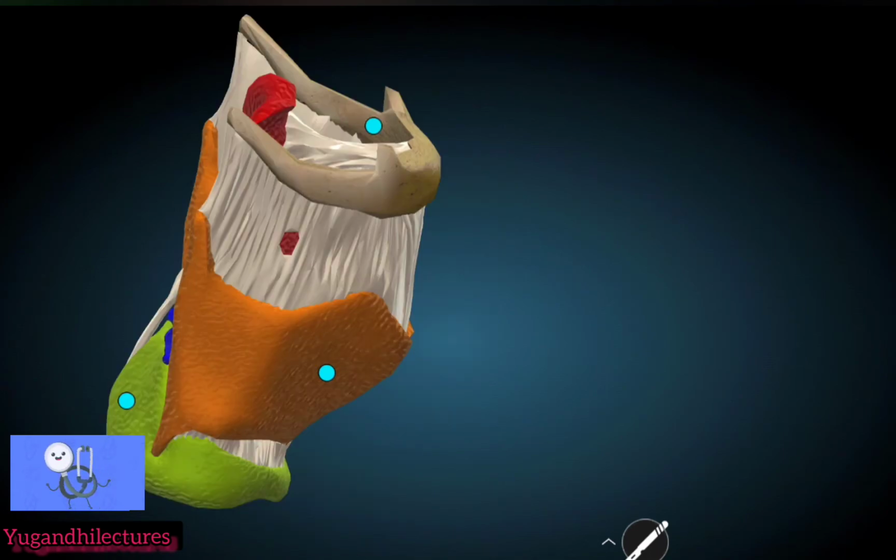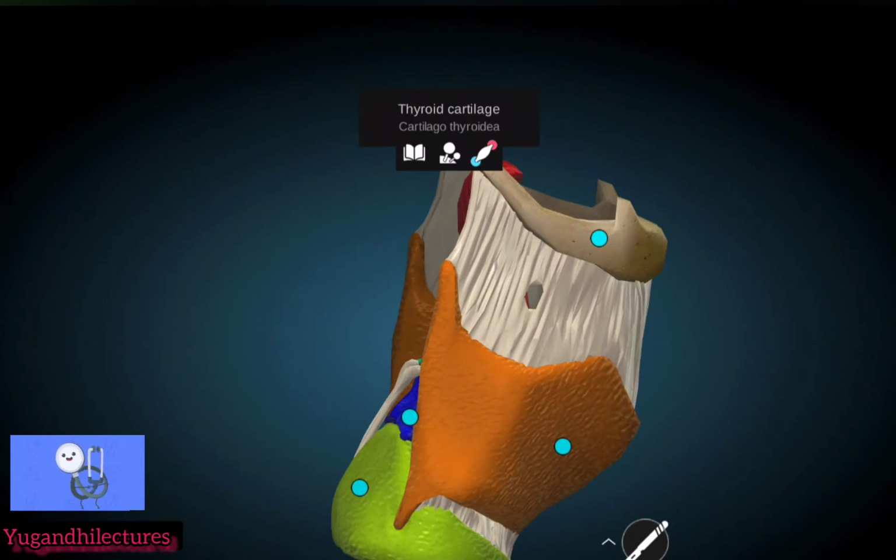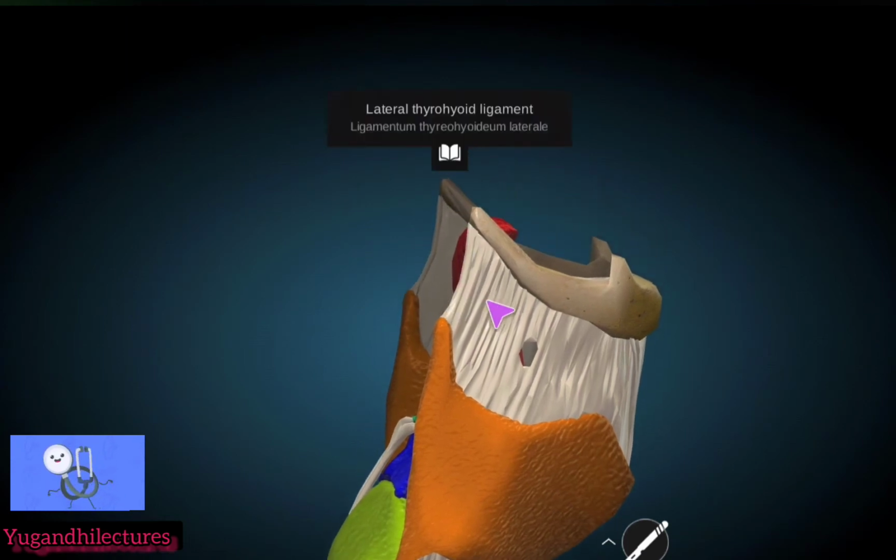This is the superior cornu of the thyroid cartilage, and we can see it clearly. This superior cornu is attached to the greater cornu of the hyoid bone through a ligament, and that ligament is called the lateral thyrohyoid ligament.